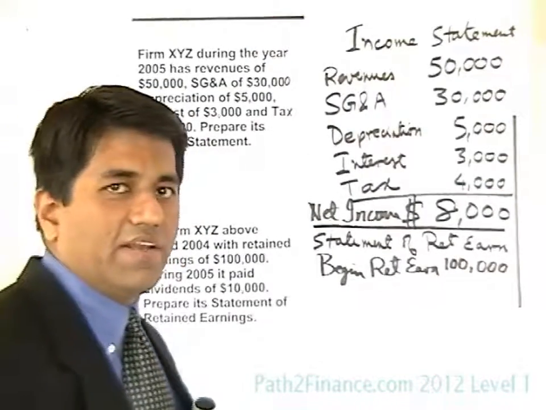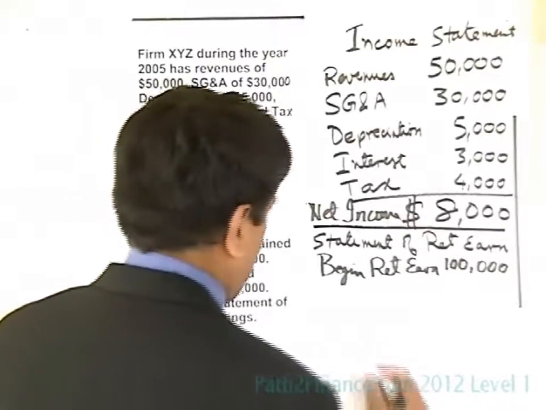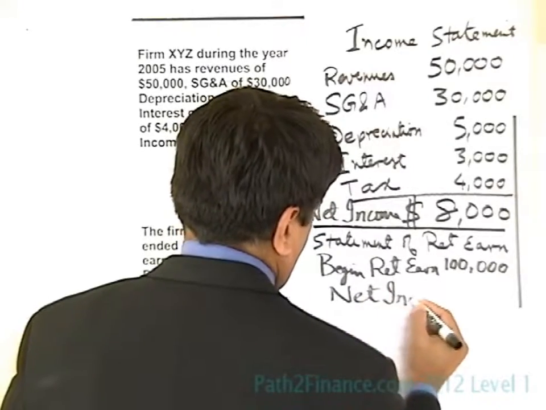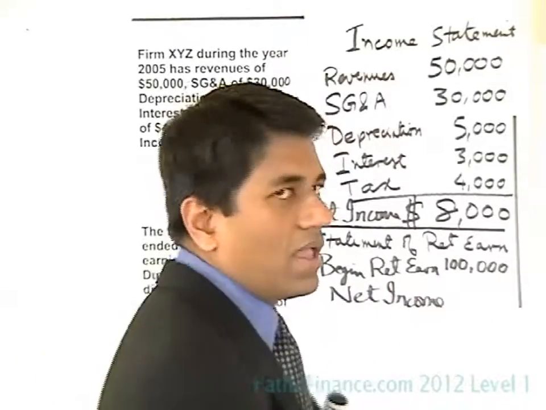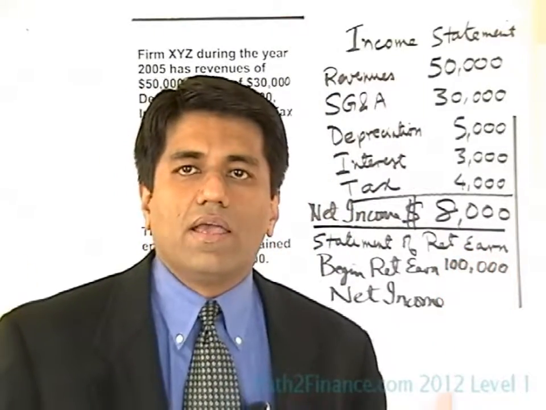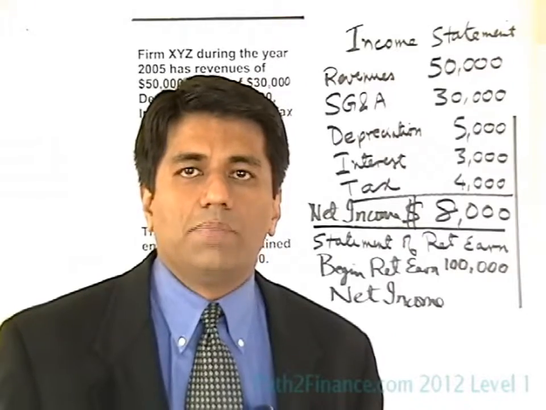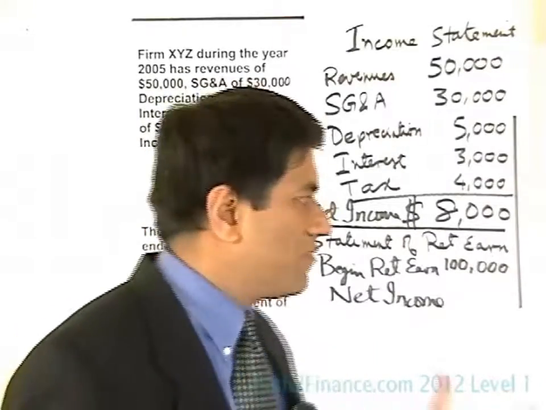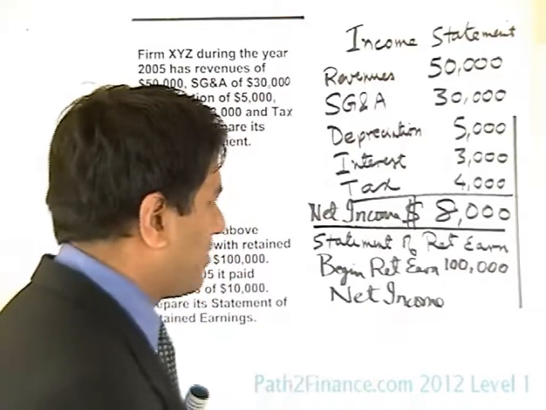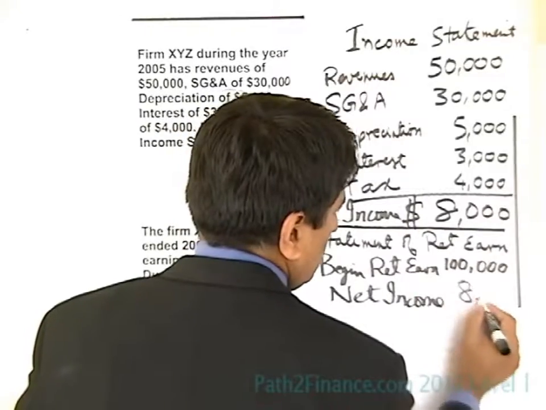To the beginning retained earnings, we will add net income. If no dividends were paid out, then retained earnings would have increased by the amount of net income. But some dividends are paid out, so we'll have to subtract that.